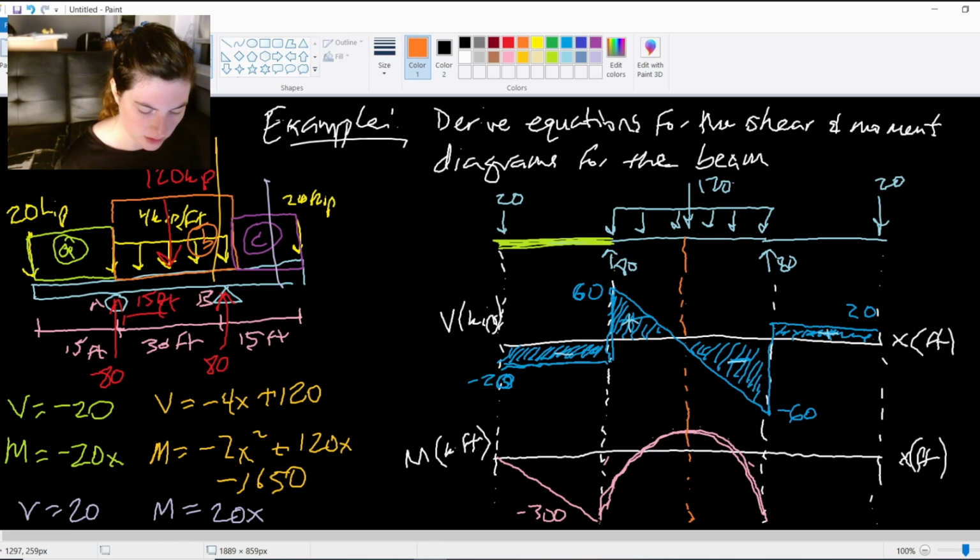So I have a maximum bending moment there from plugging that in. When I plugged in values, I got this maximum here at x equals 30, so it gives me 150, and then my end here is again negative 300.